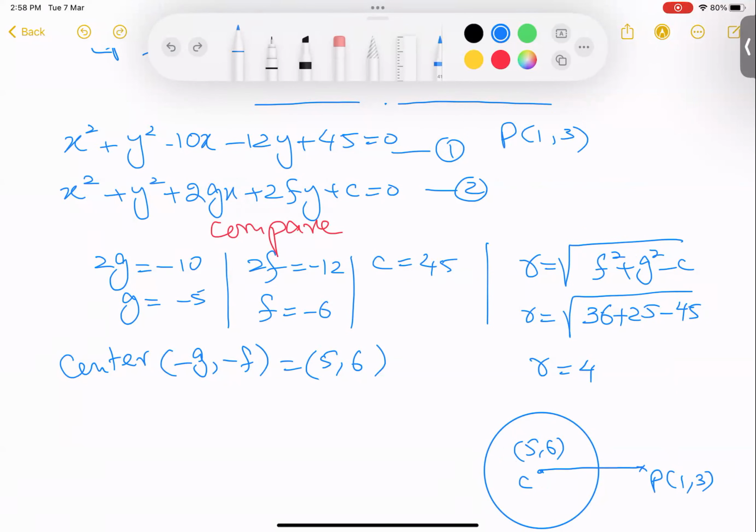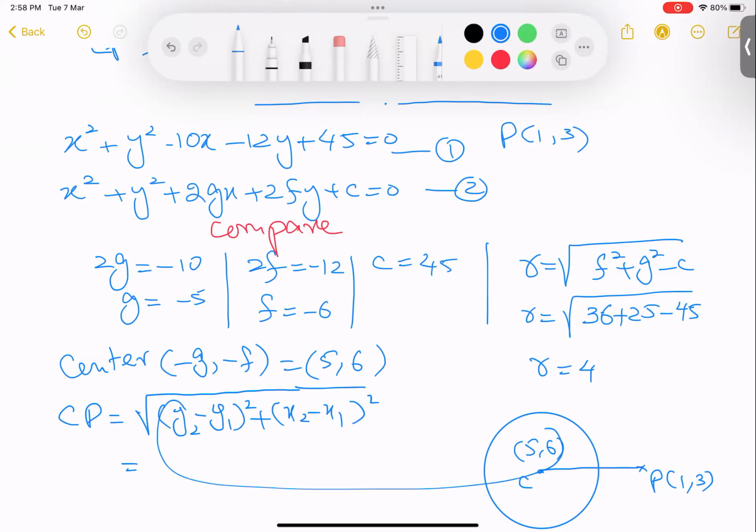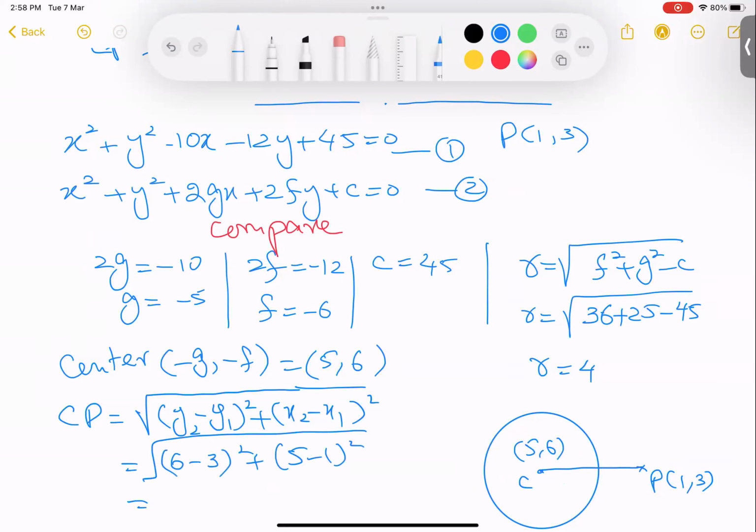Just use the distance formula: square root of (y2 minus y1) whole squared plus (x2 minus x1) whole squared. Applying the formula: 6 minus 3 whole squared and 5 minus 1 whole squared. That is 9 plus 16, which is 25, so CP becomes 5 units.